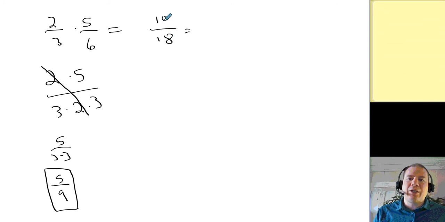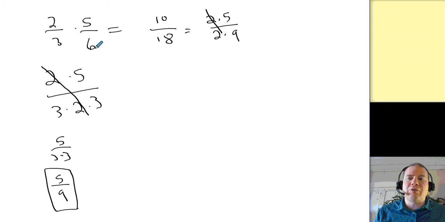Now I have to recognize 10 is a multiple of 2, 18 is a multiple of 2. Well, I'm basically here anyways, right? I'm doing 2 times 5 to get 10, only to turn around and break up 10 as 2 times 5. I'm doing 3 times 6 to get 18, only to rewrite 18 as a product of two different factors.